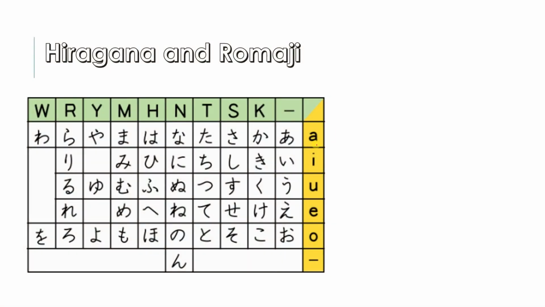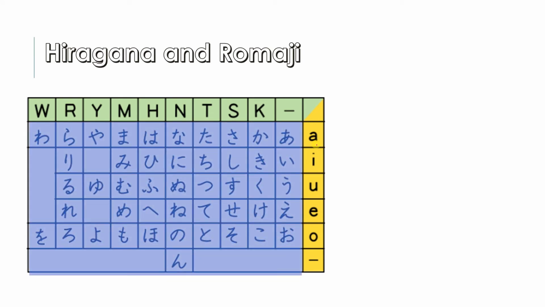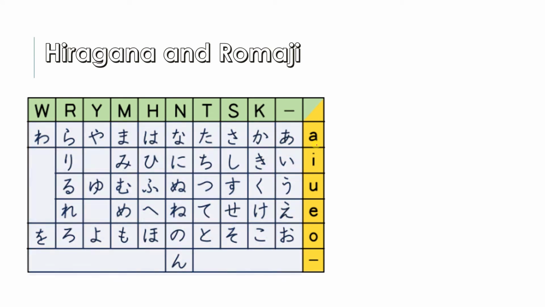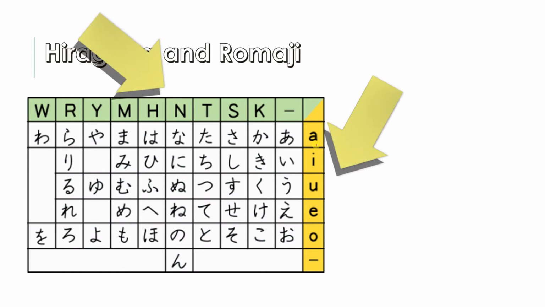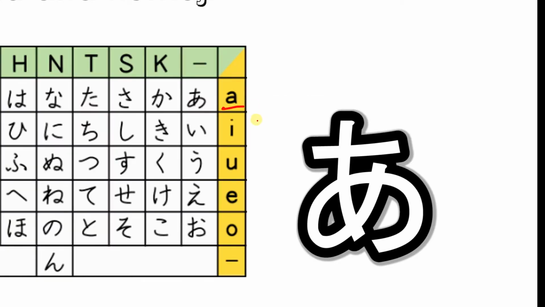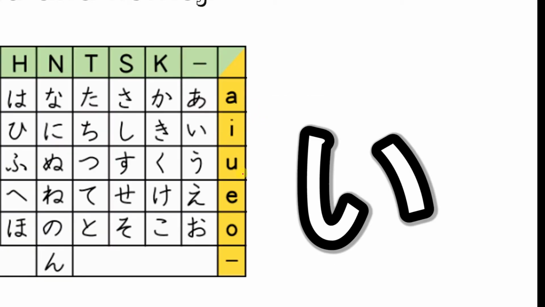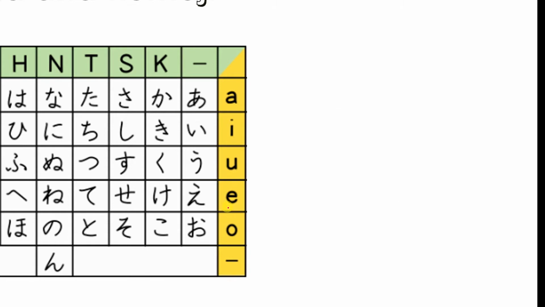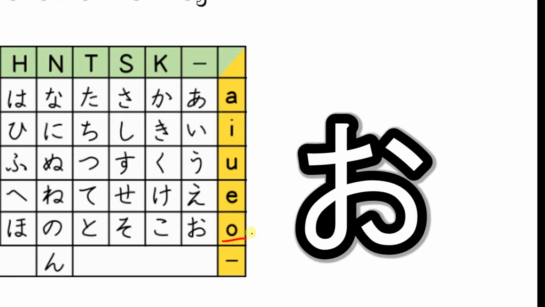In Japanese, the vowels are much more straightforward. Here is a chart of hiragana and romaji. The Japanese vowels are on the far right of this chart. You can see them written in romaji and in hiragana. They are a, i, u, e, o.